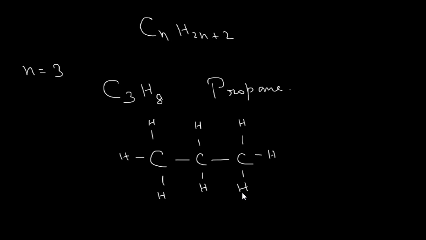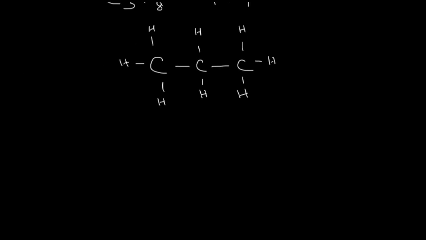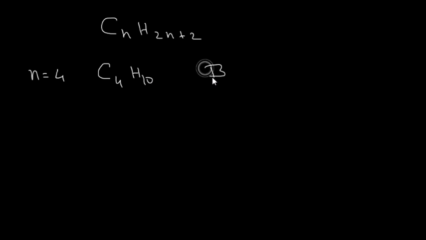The fourth compound is butane. The formula is CnH2n+2, and n equal to 4 gives C4H10. This is called butane.